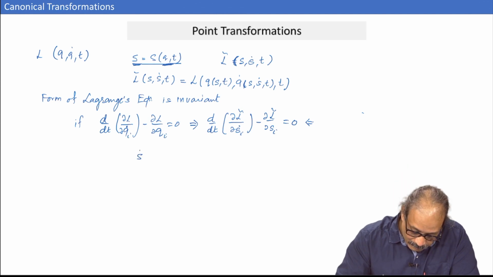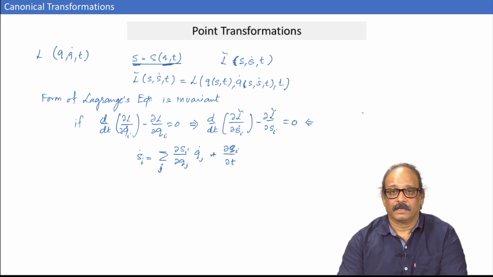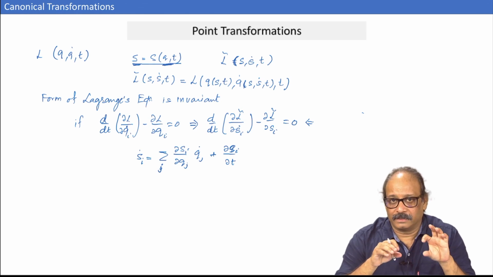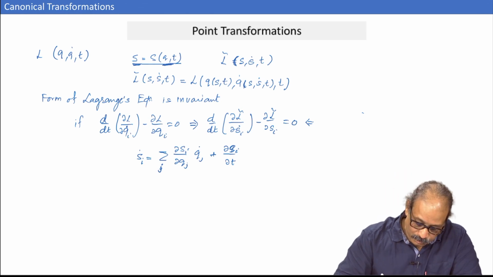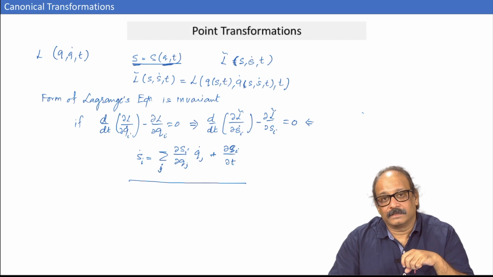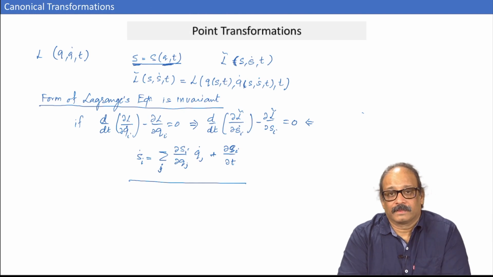So, s dot will be given by, if I write this as s i, then I will take the sum over j of del s i by del q j times q j dot, plus the partial derivative of s i with respect to time. So, you see this transformation actually transforms only n variables, which are generalized coordinates. The velocities are forced to change according to this rule. This is what makes the form invariance possible.